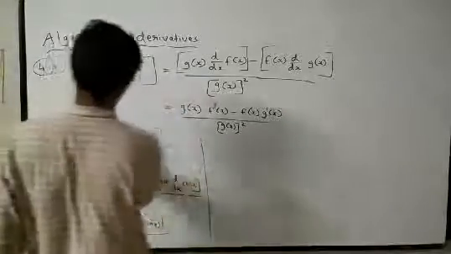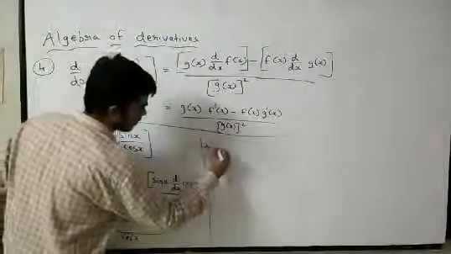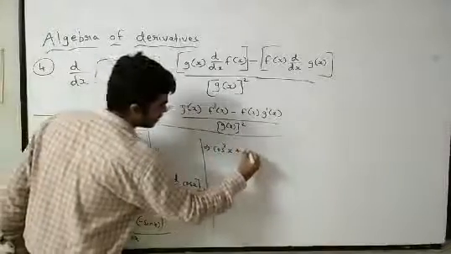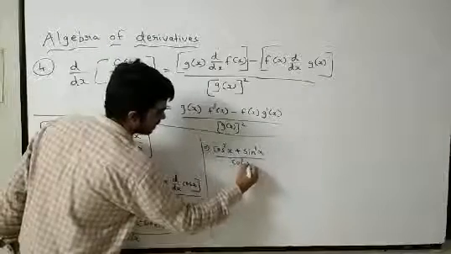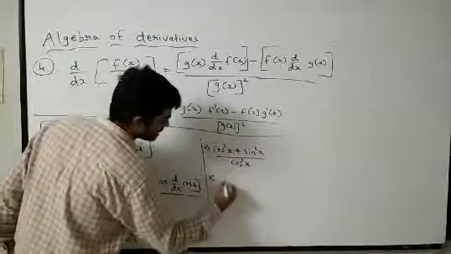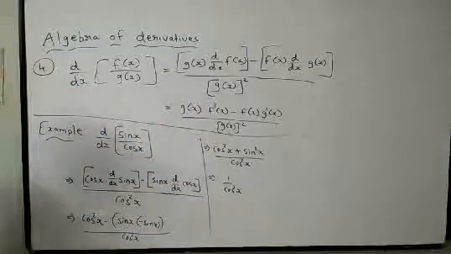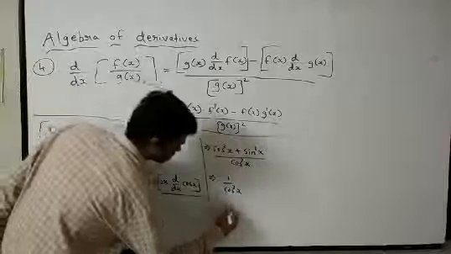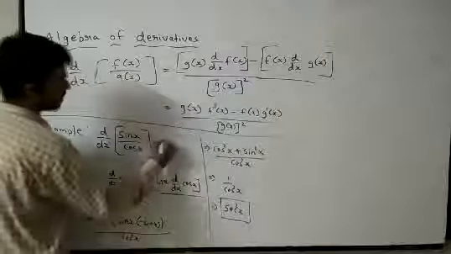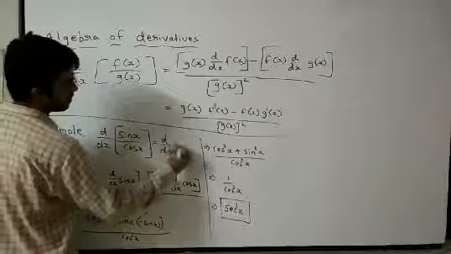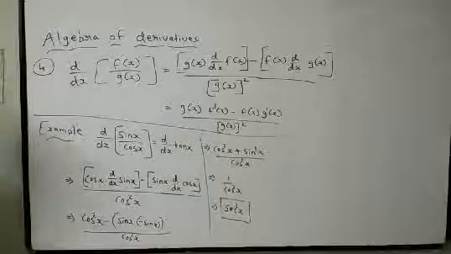So it will be cos square x plus sin square x by cos square x. So cos square plus sin square is 1, so 1 by cos square x. This is nothing but the derivative of tan x.